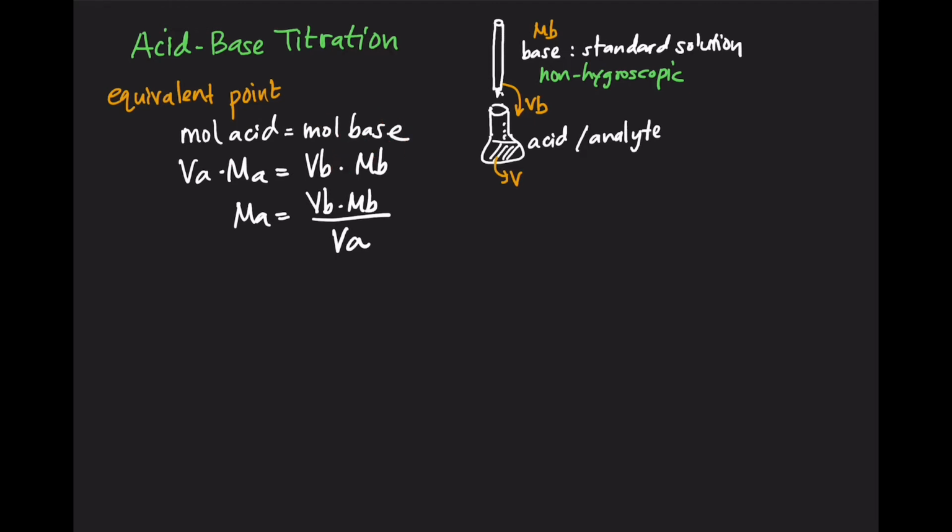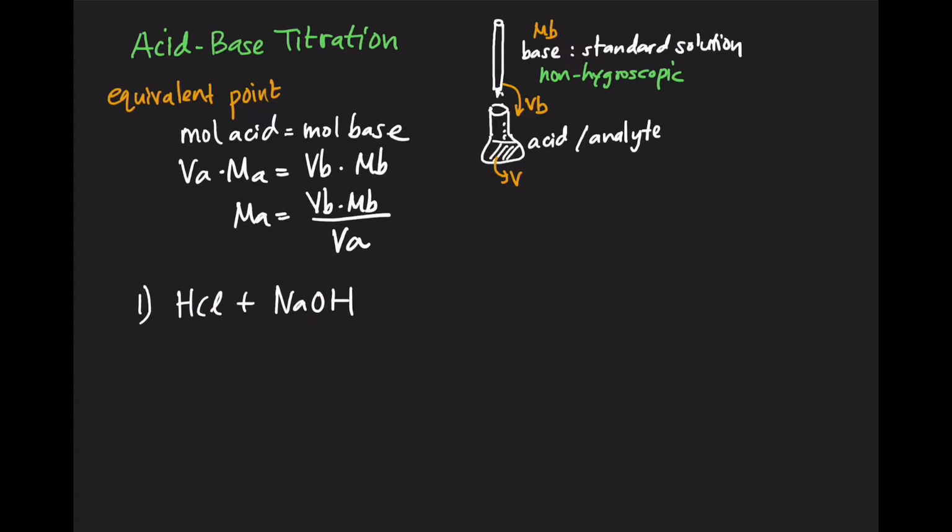Now, normally we have a reaction between either a strong acid and a strong base, or a weak acid with a strong base, or a weak base with a strong acid. Now we'll take a look at the first example, an HCl plus NaOH titration. Here we have a strong acid and a strong base.